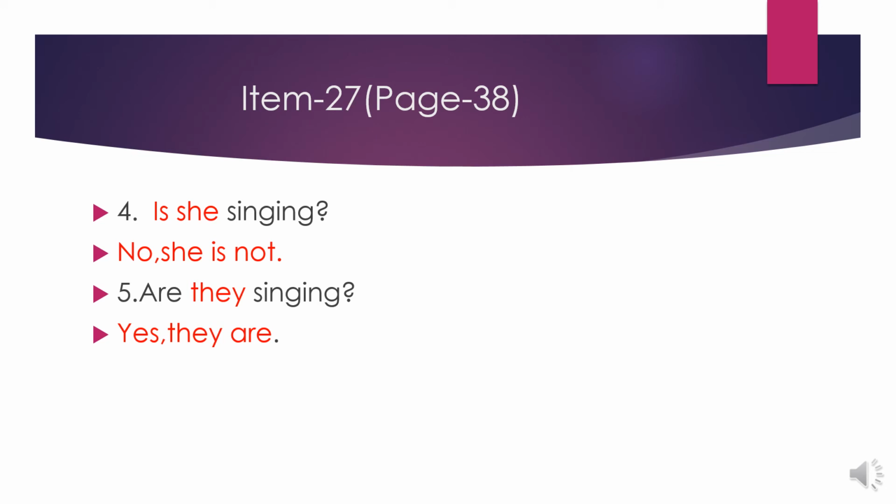So for women, we use the pronoun she. Got it? So the question will be, is she speaking? Is she speaking? I have marked the missing words in red color so that you can easily find the missing words for your answer.